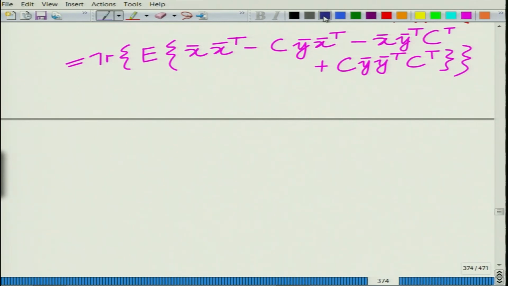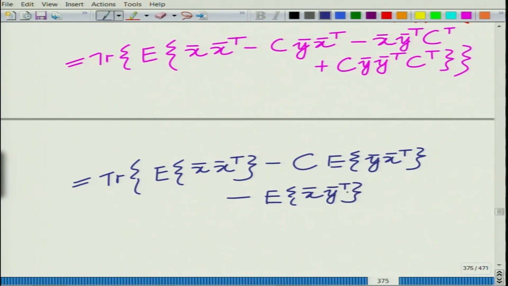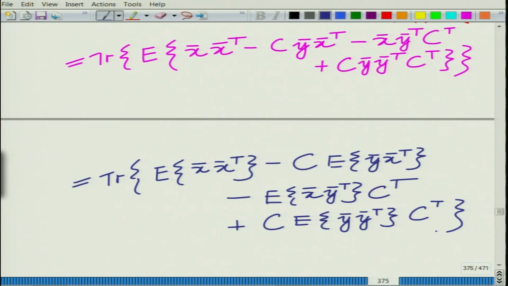which now if you take the expected value of the individual terms, this becomes trace of expected value of x bar x bar transpose minus C expected value of y bar x bar transpose, because C is a constant matrix, minus expected value of x bar y bar transpose times C transpose plus C expected value of y bar y bar transpose C transpose.